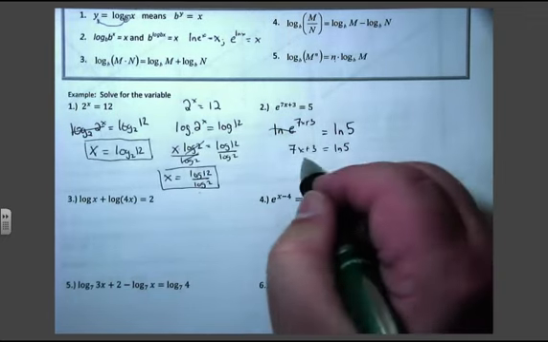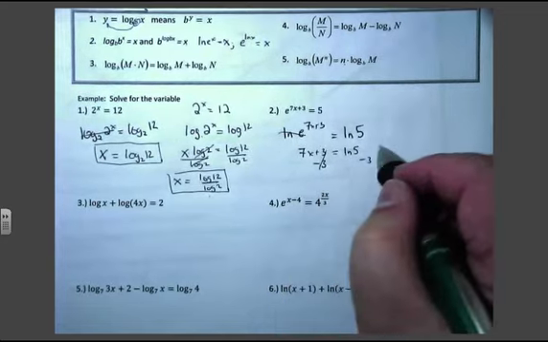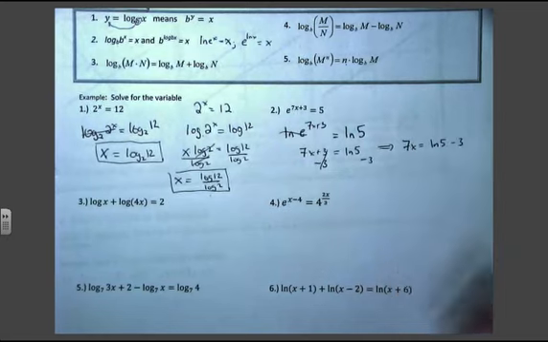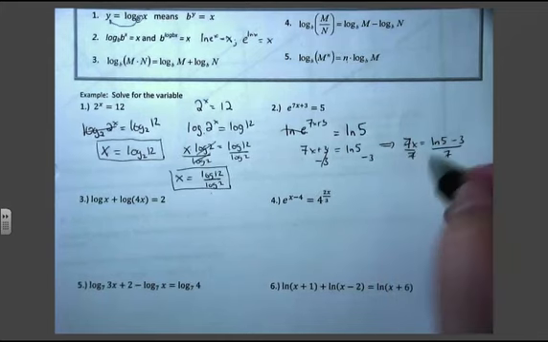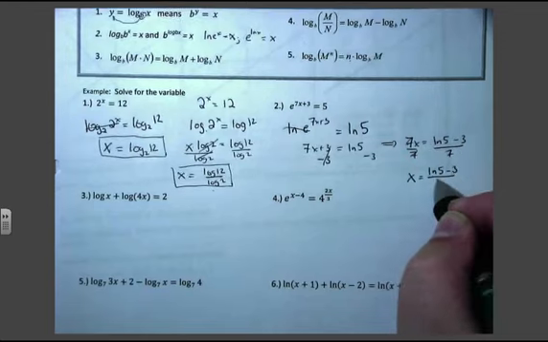To solve for x, I'm going to subtract 3. These are not like terms, so don't try to combine them. That cancels. That leaves me with 7x is equal to the natural log of 5 minus 3. Then what's my last move to solve for x? Divide by 7. What I do to one side, I do to the other, and that's my solution. X is equal to the natural log of 5 minus 3 divided by 7.